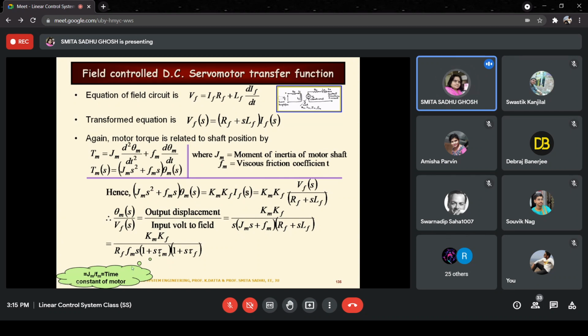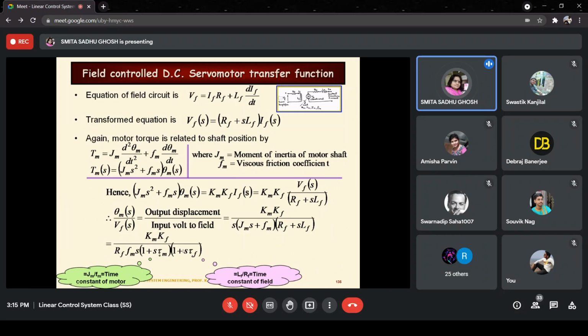And that tau f that you see over there is Lf by Rf, which is also known as the time constant of the field. So this expression gives us the transfer function in the time constant form.